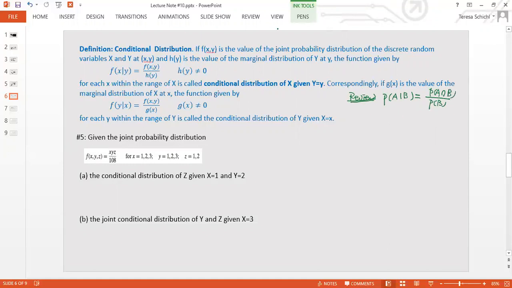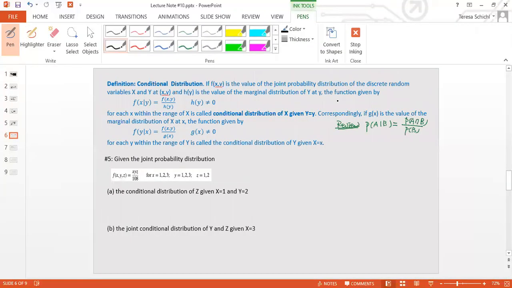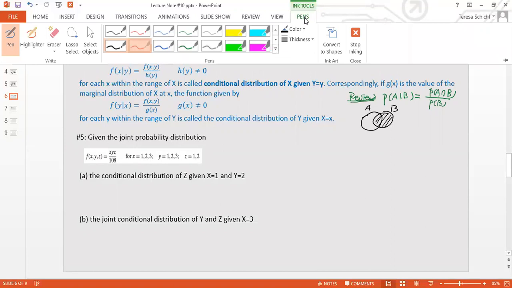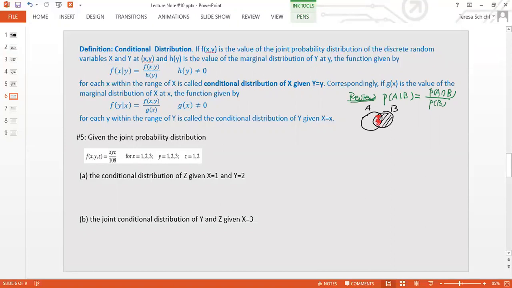The reason why is because you have A and B, right? When B happens first, that means we are in this circle, and then A happens. So under B happened, A happening is this intersect region, right?